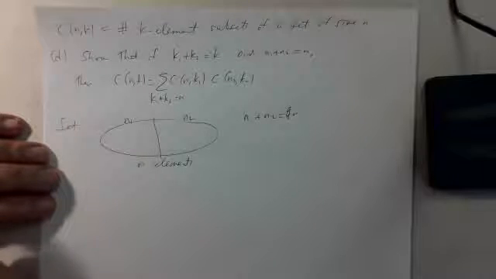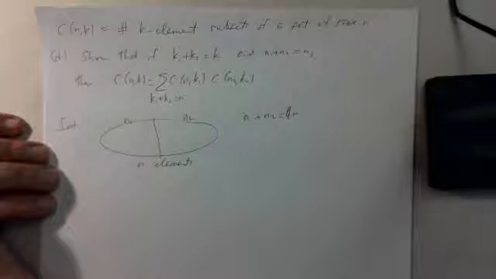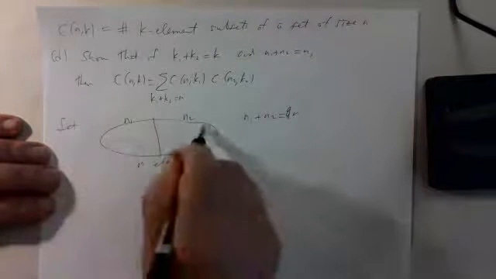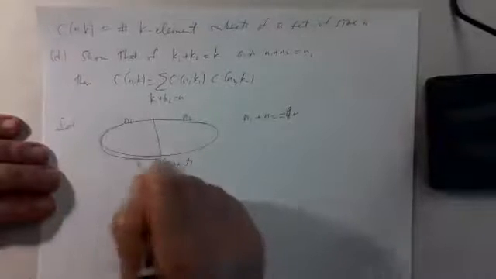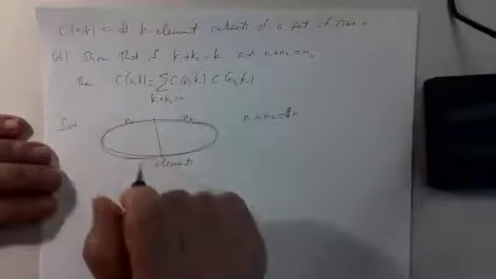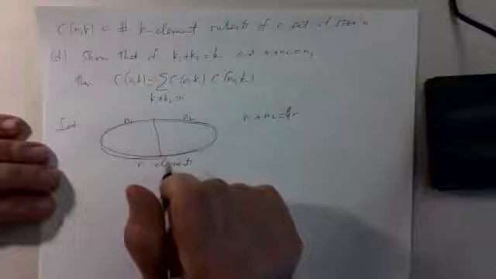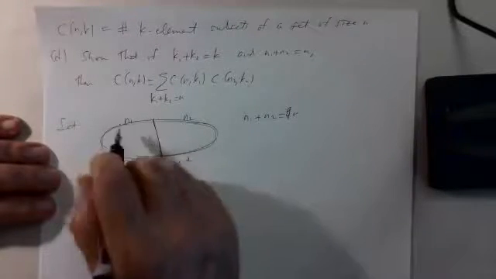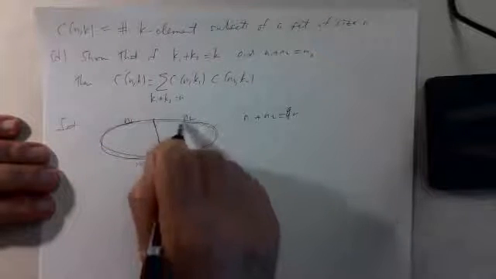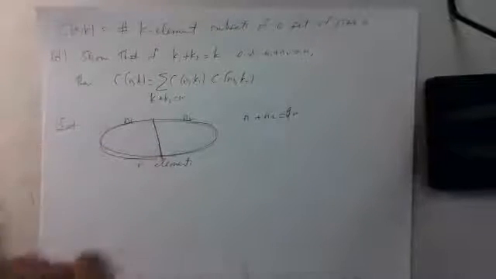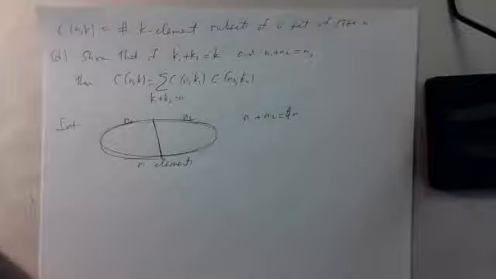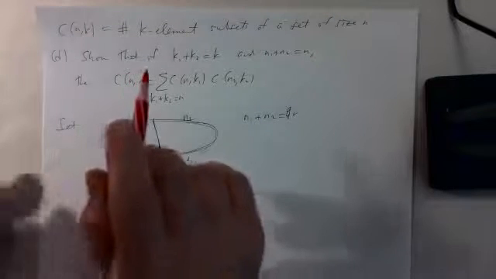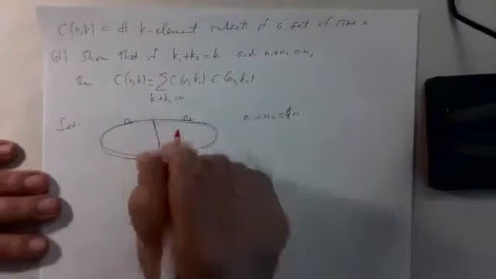So you have to really have it clear in your head what C of n, k means. It's the number of k element subsets in a set of size n. So this is my set of size n. And I choose two numbers, n1 and n2, that add up to n. And I'm going to divide this set up into two pieces. One has n1 elements and the other has n2 elements. And now, suppose I have a set with k elements.